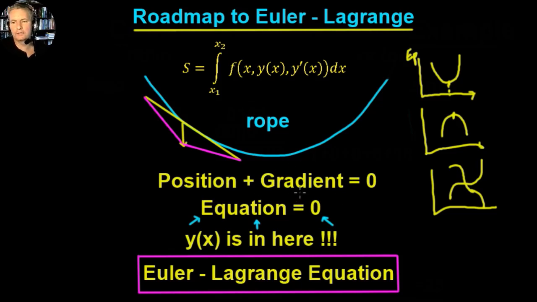Also, if you've seen this introduced in textbooks, you'd see it introduced via the Taylor series, but we don't need to get into that mathematical detail here at the moment. All we want to do is get some intuition as to what the Euler Lagrange equation is. And we'll get that whenever we derive a mathematical equation for position and a mathematical equation for the gradient, and this equation is called the Euler Lagrange equation.